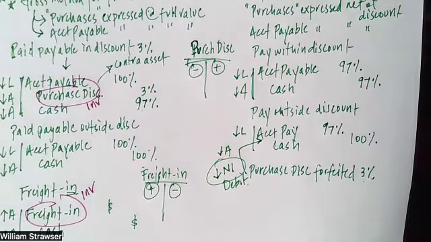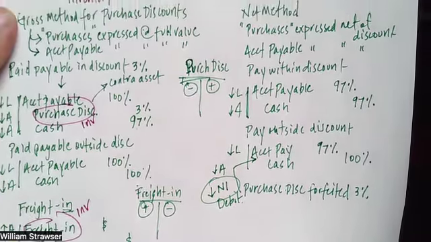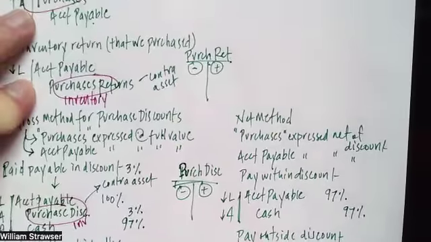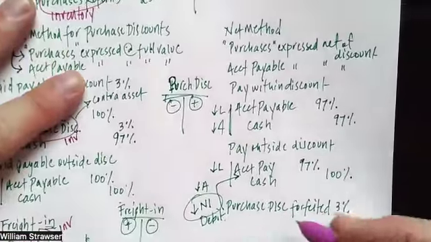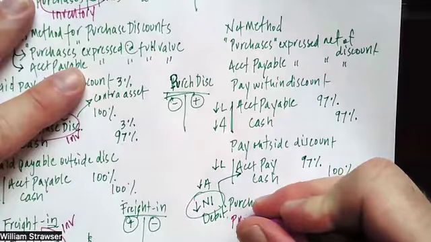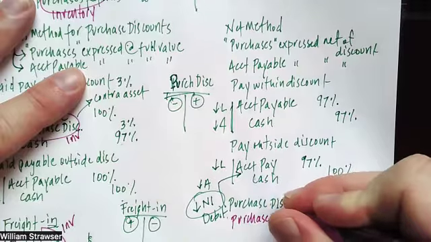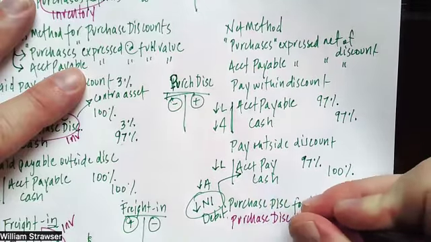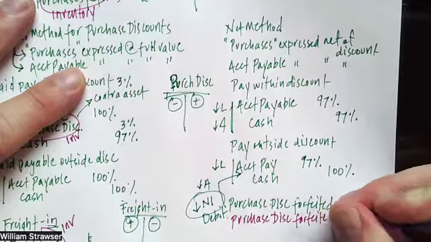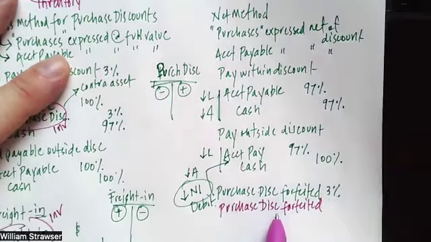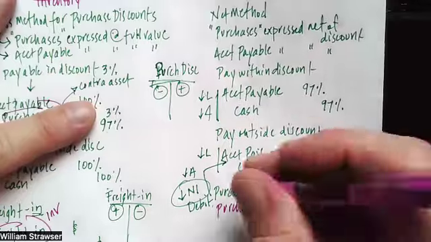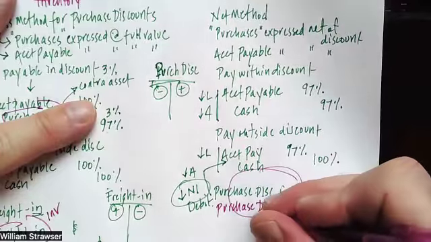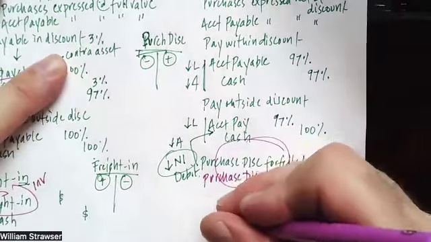So that's the overall difference in the purchase side of things. One item that I will mention that does not change, and this is the same, is purchase discounts forfeited. This is the same for both systems. This does not change to inventory under the perpetual system. It still is purchase discounts forfeited. And the reason being is that this amount does not end up in cost of goods sold.